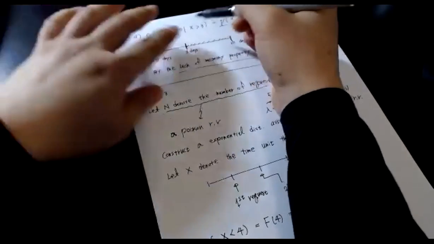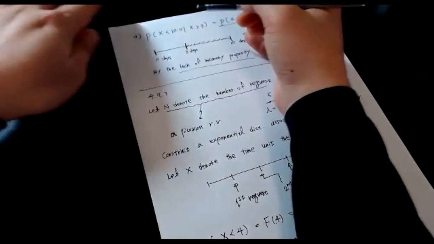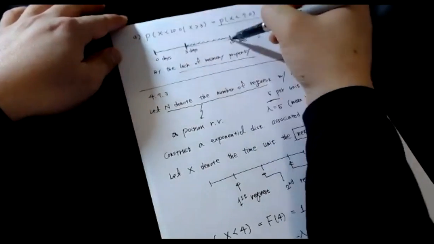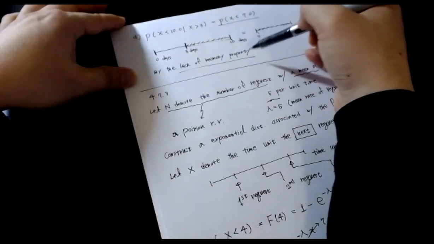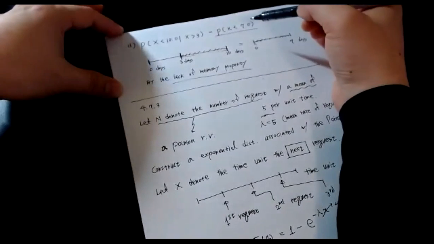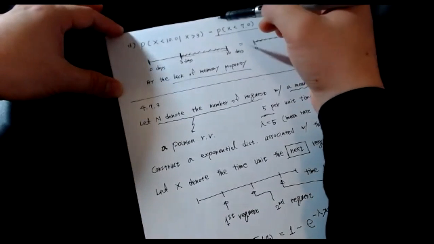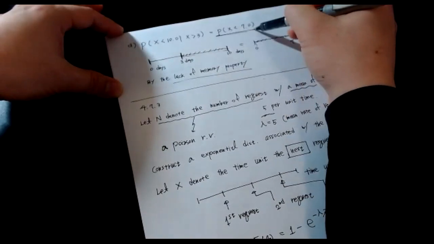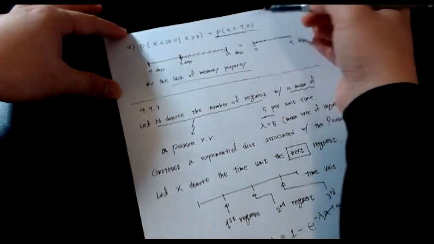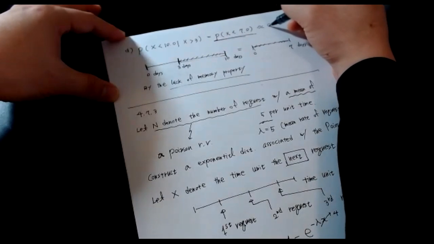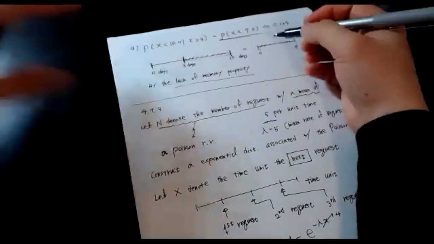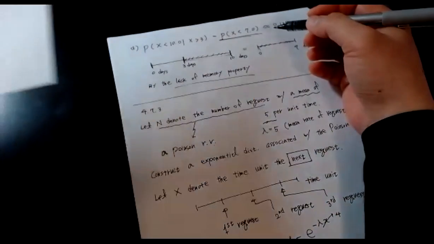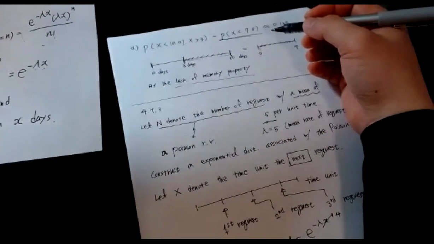So this is nothing but just 0 to 7. That's the lack of memory property. That's why this is equal to this. But we already got this in problem B, which is approximately 0.135, right?